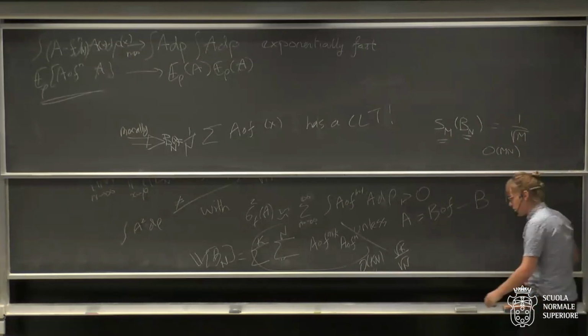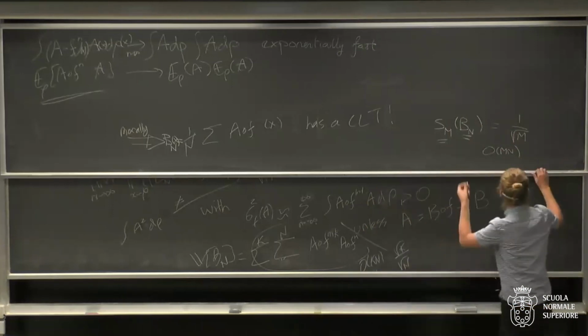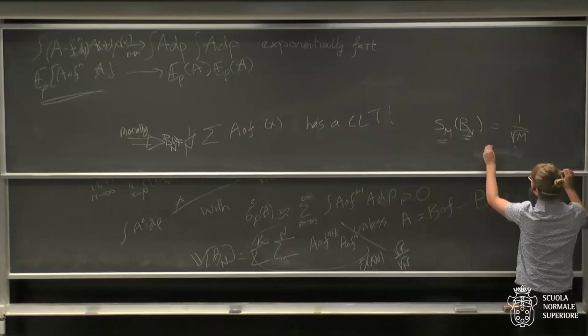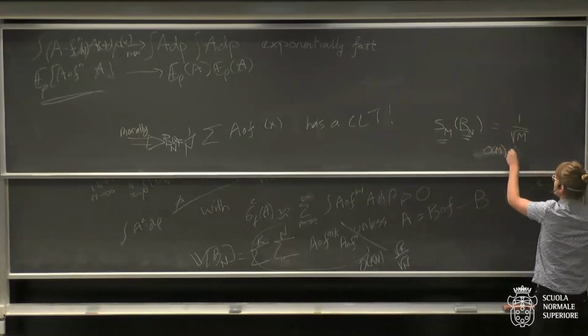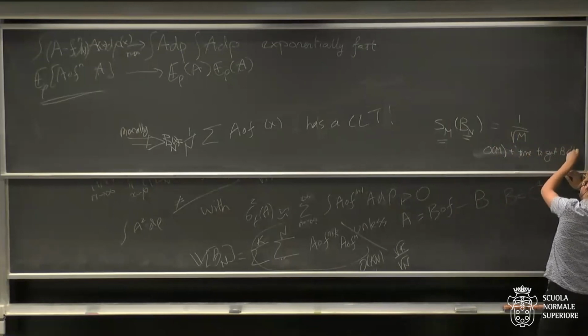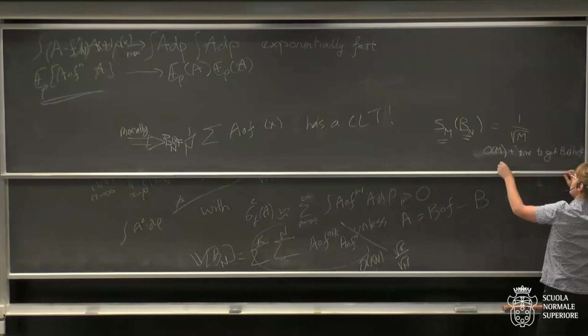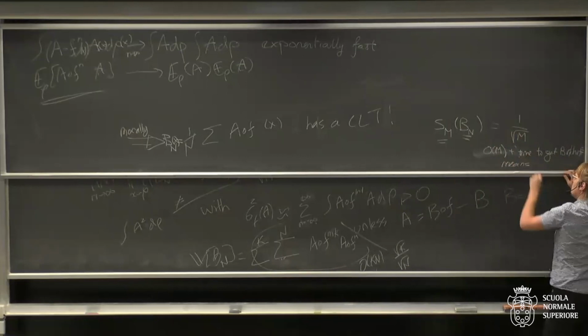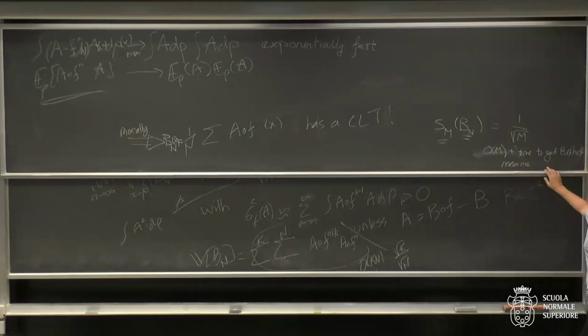This is order mn, but it actually isn't really. It's of order m plus the time to get Birkhoff means, which you already have to do. So you may as well just do this.